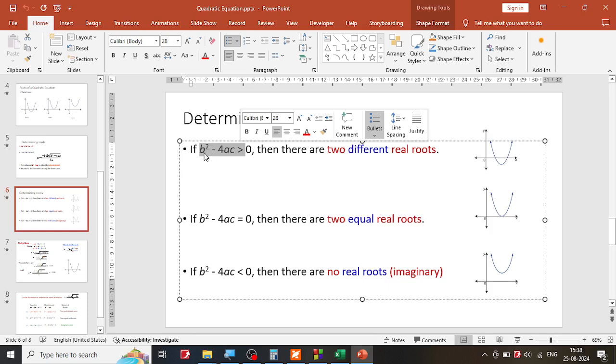So we have to find the discriminant. Discriminant means that it discriminates, or decides which type of curve you are going to get: the one that crosses the x-axis, the one that just touches the x-axis, or the one that will not touch the x-axis. That is why we call it a discriminant.